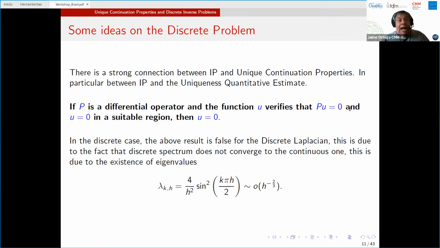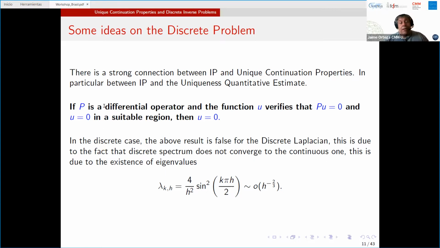Then you can say, the unique solution of the Laplacian that vanishes in an open region is u equals 0. This is the classical unique continuation property. That means I have an equation, I put some condition on the solution of the problem, and the question is whether this condition is enough to obtain that the unique solution of the problem is 0. That happens with the Laplacian.